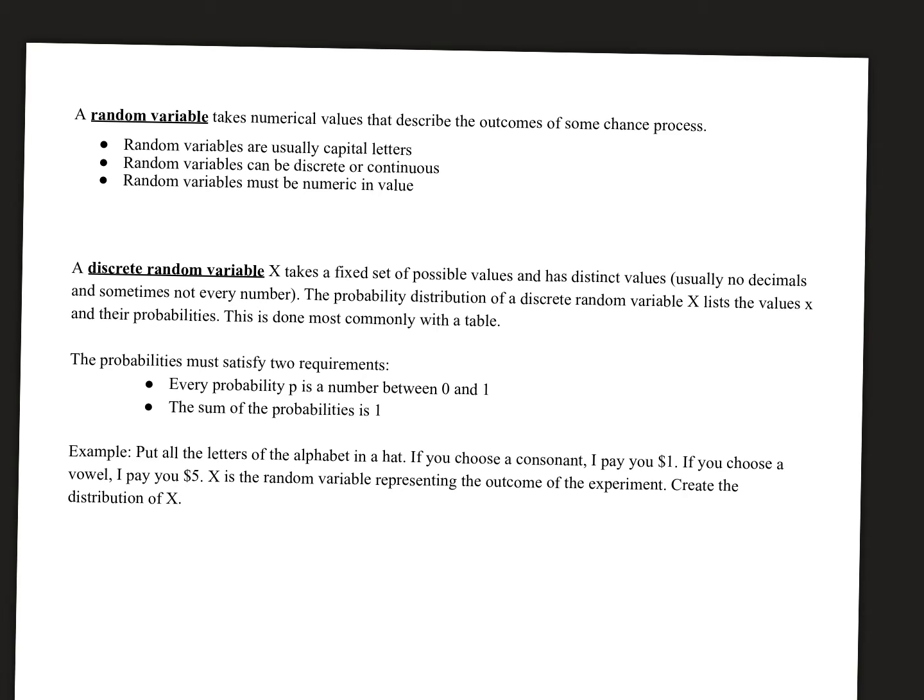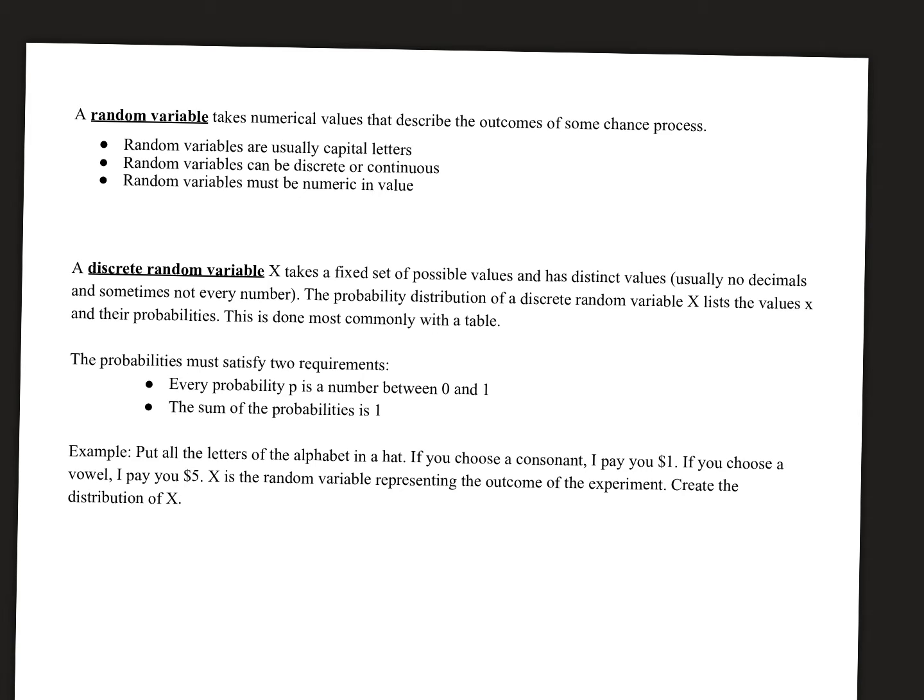A discrete random variable takes a fixed set of possible values and has distinct values. So usually no decimals and sometimes not every number is an outcome. The probability distribution lists the values x and their probabilities, and this is done most commonly with a table.